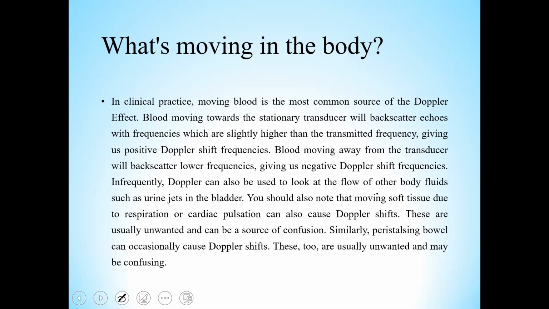The other moving elements in the body, for example WBCs and platelets, are not able to reflect the sound wave back towards the transducer. So these are the RBCs which can scatter sound wave back towards the transducer with frequency different from the transmitted frequency.